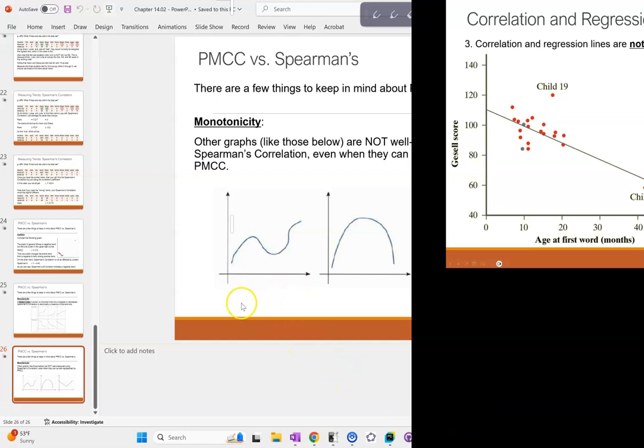Child 18 is an outlier in both X and Y, particularly the X direction though. These guys are your bad boys. The X direction is the one that really has a large impact on your R value. An outlier in the X direction can make something that doesn't really have much of a linear relationship look like it's a lot better than it actually is. So that's our takeaway from this slide.